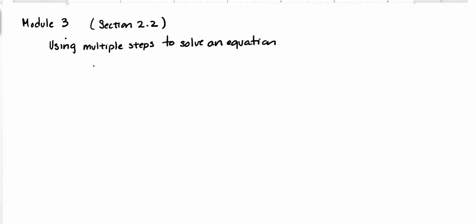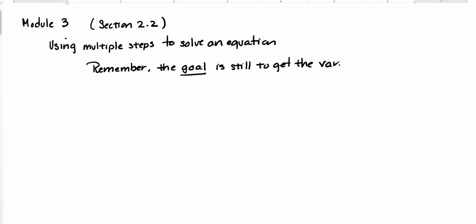Okay, so remember, the goal when we're solving equations is still to get the variable by itself on one side of the equal sign, meaning it has a coefficient of 1.